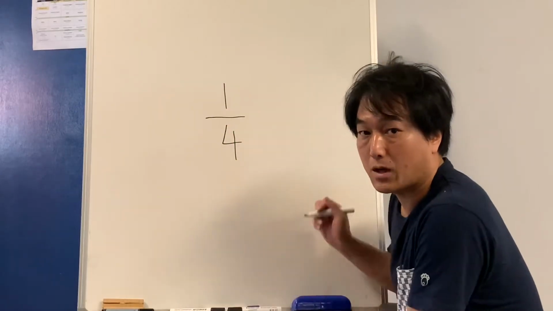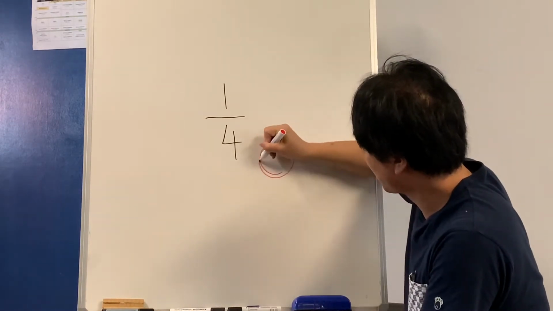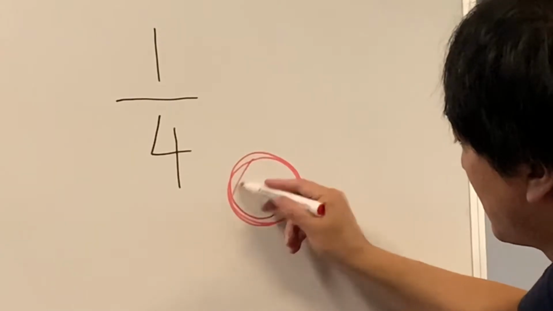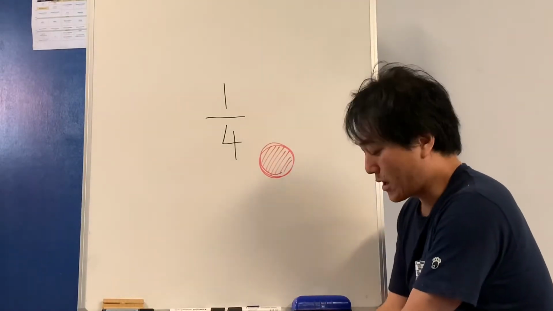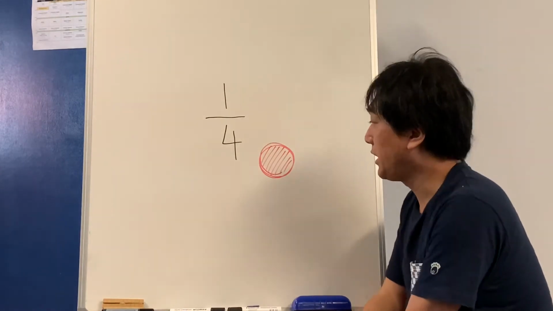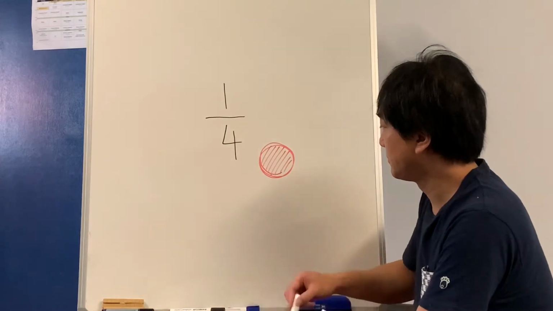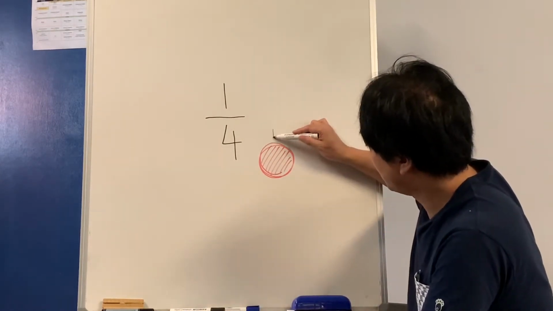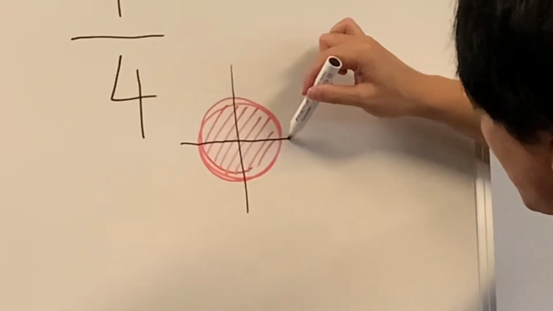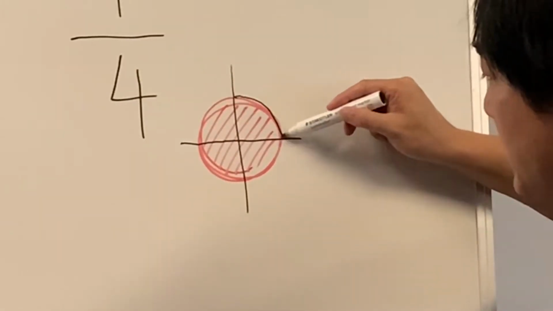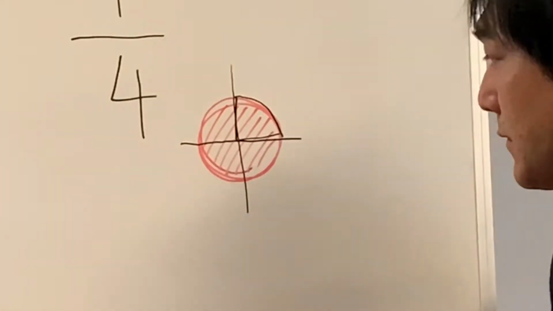Ready, this is my orange poppy seed cake. And if I want to eat 1/4 of my cake, I'm going to eat this much, right?